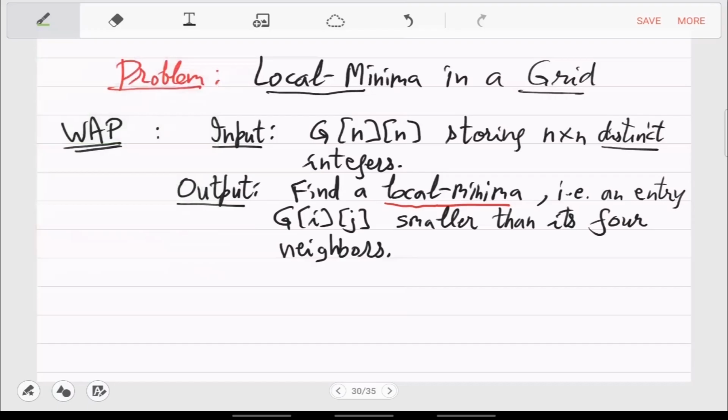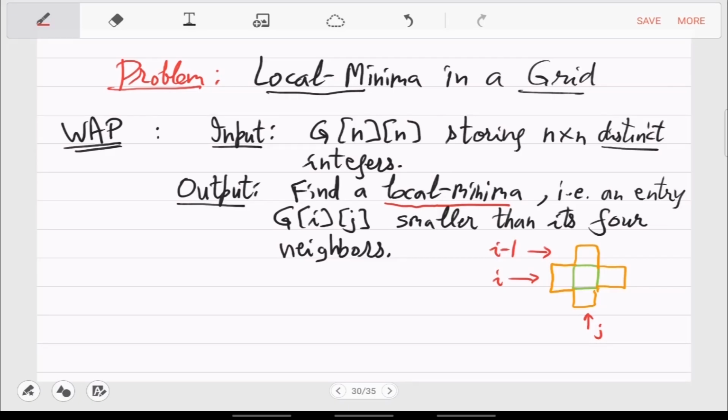So you have this i comma j cell, and its neighbors are the following. Okay, so this is i, this is j. So this will be the i minus 1th row.